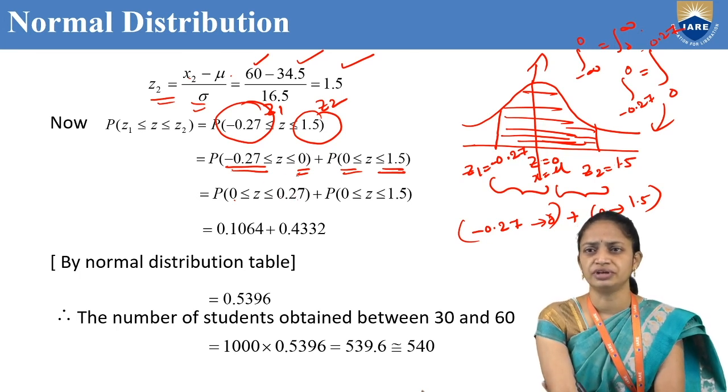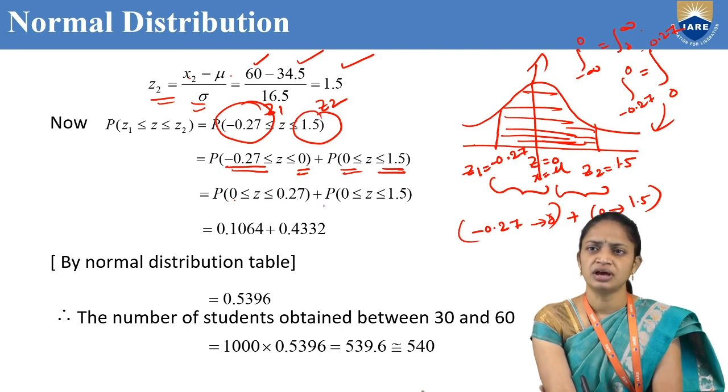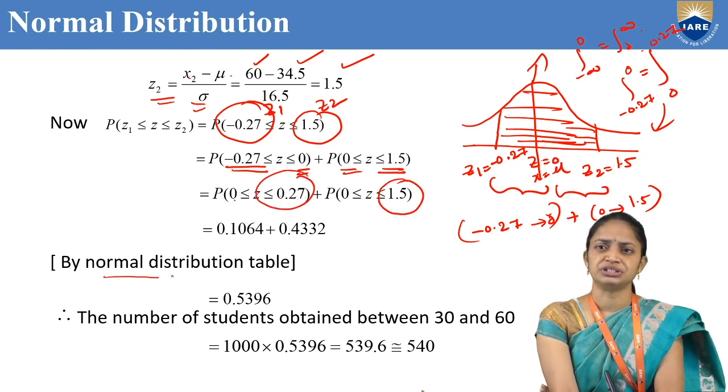So the probability of 0 less than or equal to Z less than or equal to 0.27 plus the probability of 0 less than or equal to Z less than or equal to 1.5. We have to take these two values from the normal distribution table.